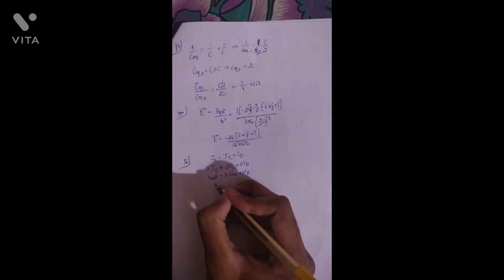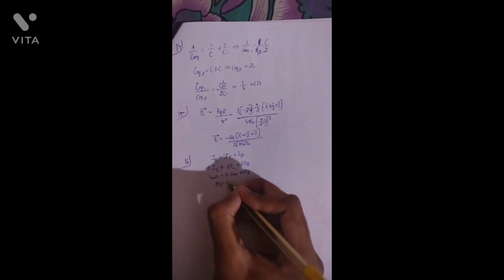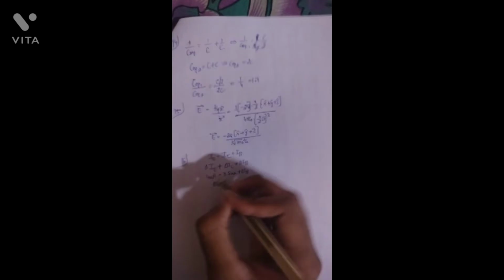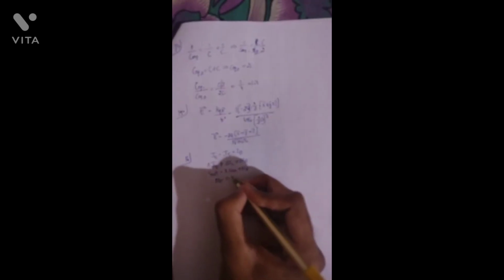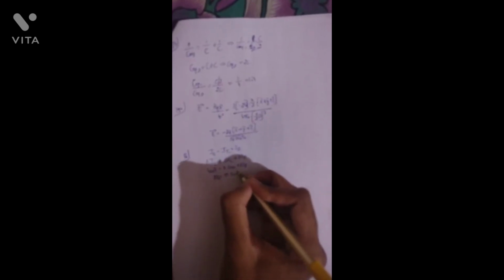If we subtract, we get delta IB is equal to 0.5 mA. So therefore 0.5 milliampere is the delta IB we got.